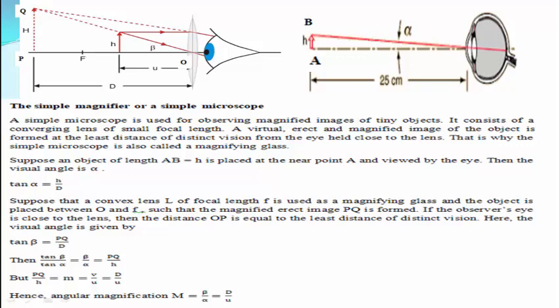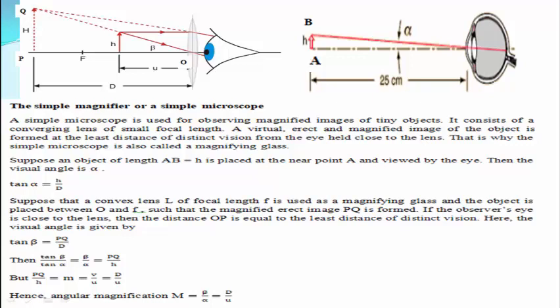Then tan beta divided by tan alpha. You have to divide tan beta by tan alpha. When you divide these two terms, tan gets cancelled out. Your remaining answer is beta divided by alpha is equal to PQ divided by h.